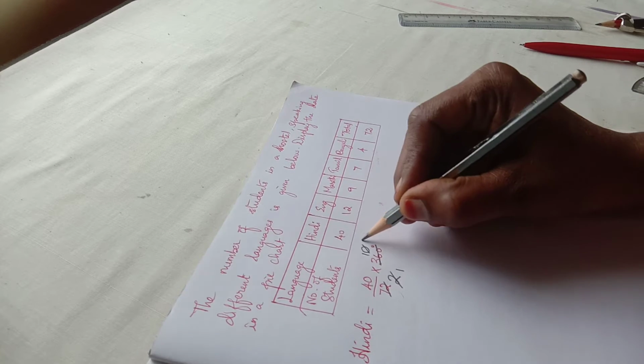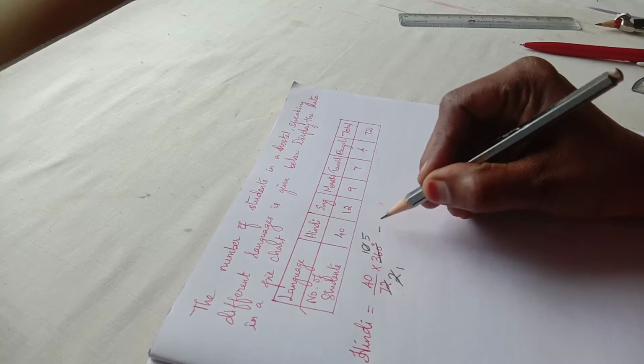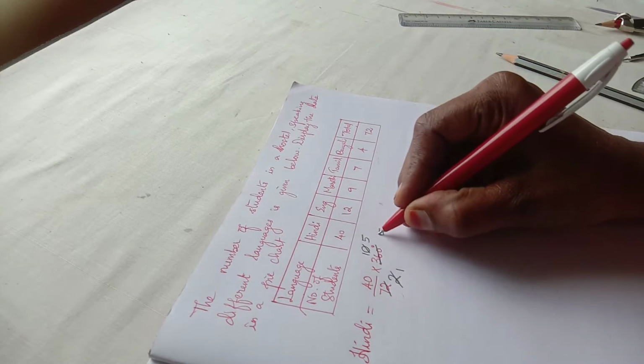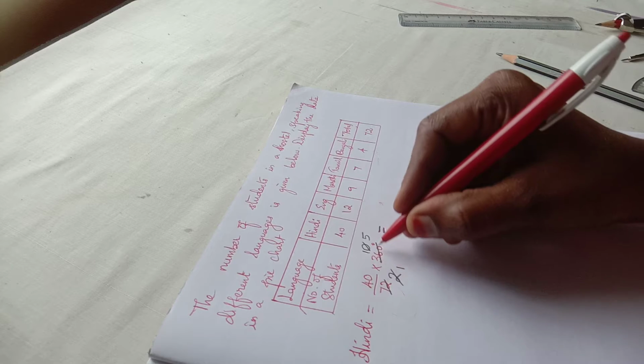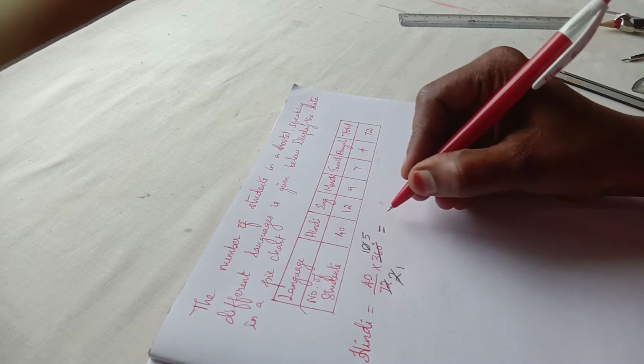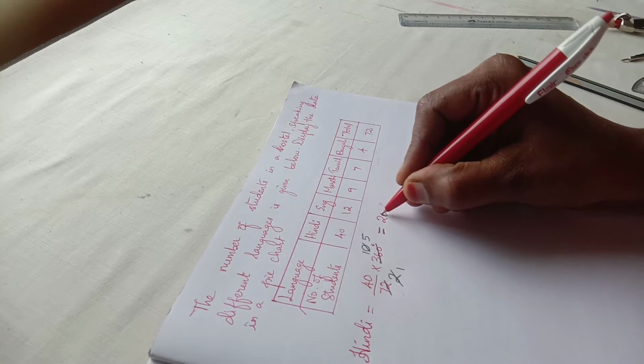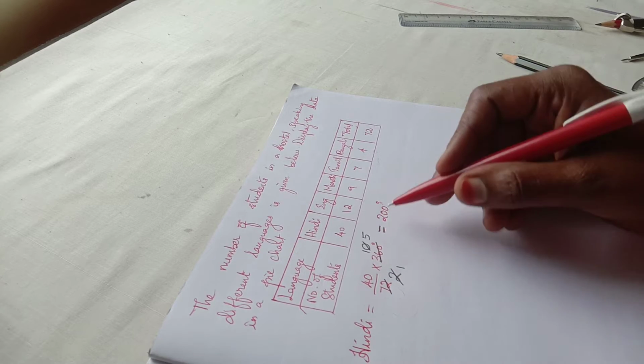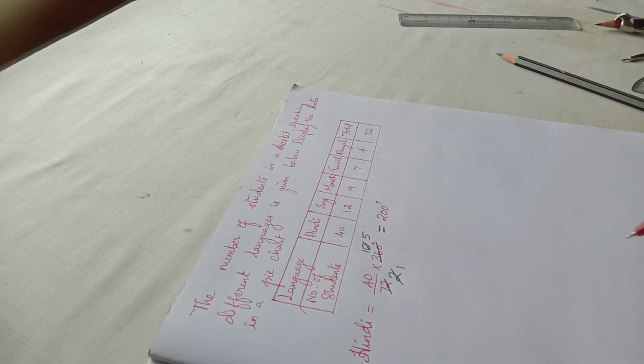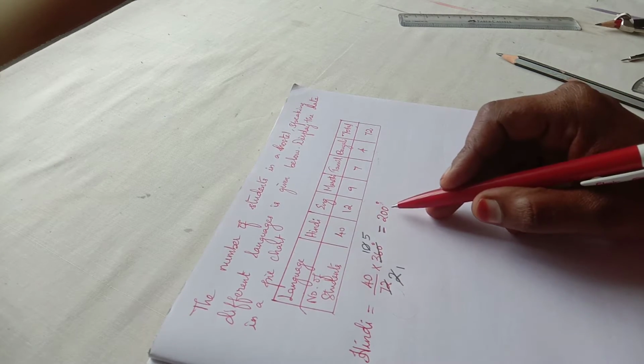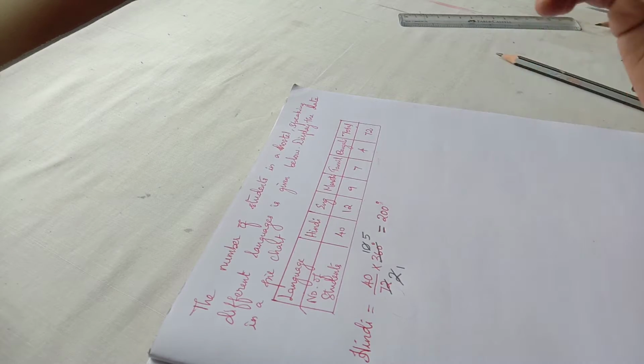So 1 time and 5 times. Now the denominator became 1. So multiply the numerator: 40 into 5, 200 degree. So now we found the central angle for Hindi, which is 200 degree.